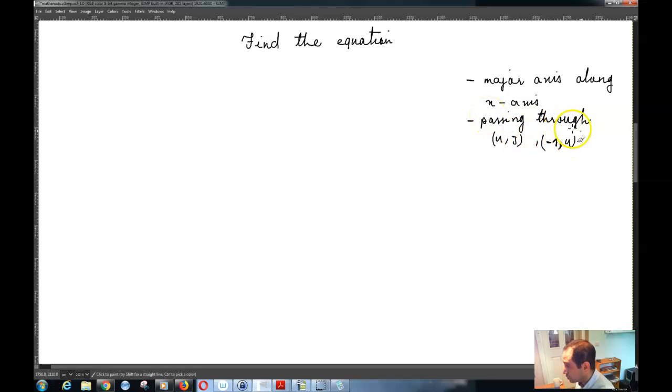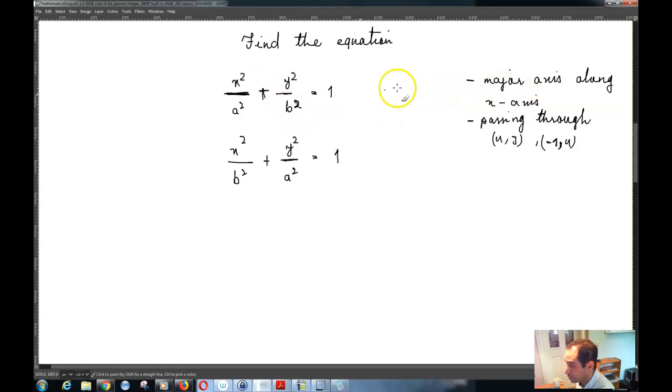So this way you can find your A and B, and this way you know where to put them, because the equation of an ellipse is either x squared by a squared plus y squared by b squared is equal to 1, or x squared by b squared plus y squared by a squared is equal to 1, depending upon whether your major axis is along the x-axis or along the y-axis.